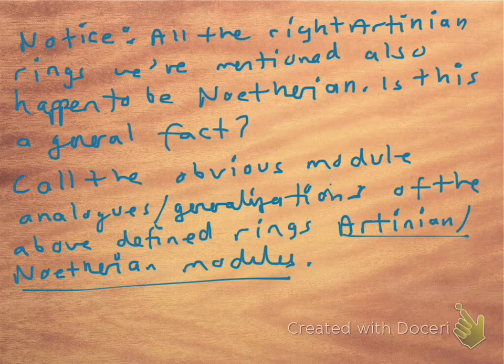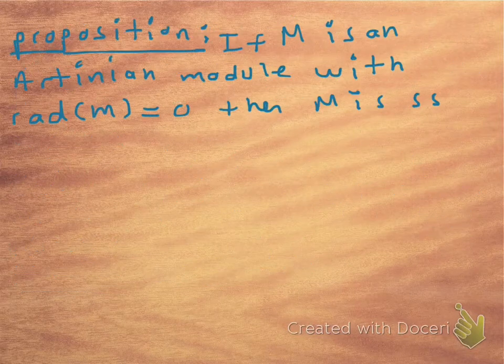The converse of this would read: is a semisimple module Artinian or Noetherian? Is this true? So we are going to look at these questions all together. In the next slide, we're going to give a condition, along with Artinianity, that guarantees semisimplicity in the Wedderburn sense.